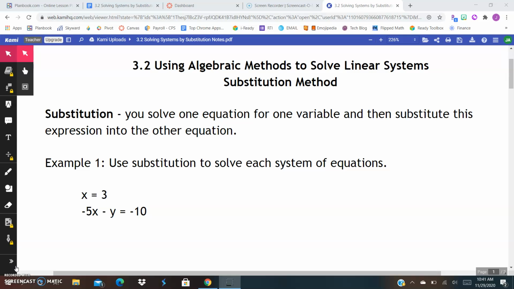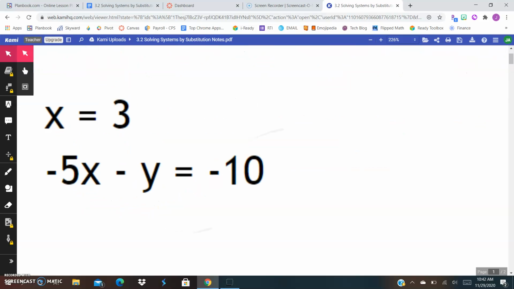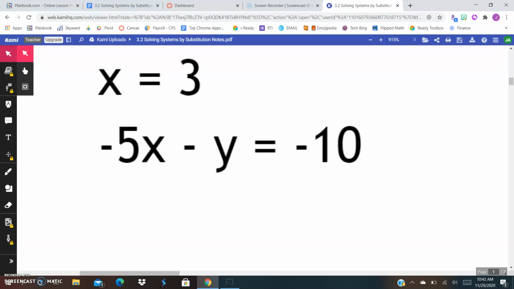So just like a substitute teacher would come in and replace me for the day, we are going to replace one of the variables with something else in order to work our way through and solve the system. So for example 1, we're going to use substitution to solve the system. So they're telling us x is 3.